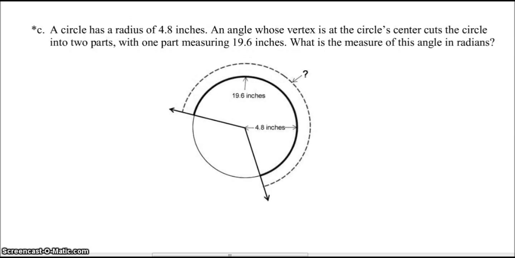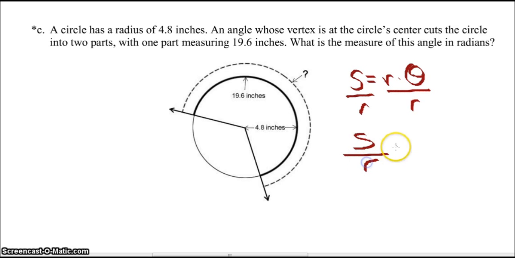A circle has a radius of 4.8 inches. An angle whose vertex is at the circle's center cuts the circle into two parts, one part measuring 19.6 inches. What is the measure of this angle in radians? So we can use our formula. This is sometimes called the arc length formula, s equals r theta. This time we're looking for theta, so we can divide both sides by r.